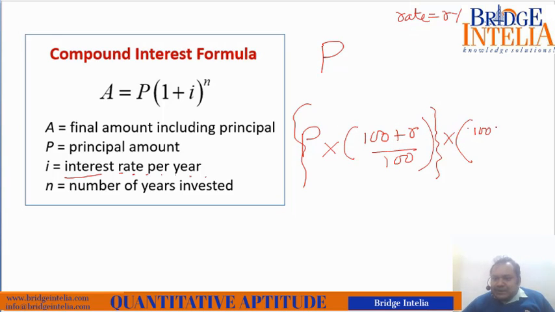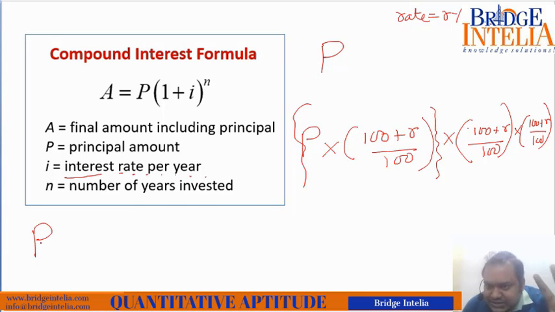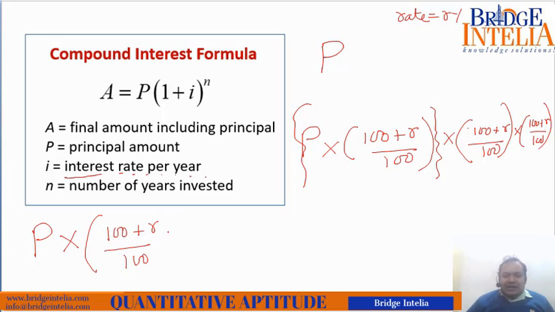So multiply by 100 plus R by 100. If you wait for 1 more year, the next year again the same maths will be applied to this. So if you deposit the money for n years, in those n years, P was getting multiplied by 100 plus R by 100 into itself n times.